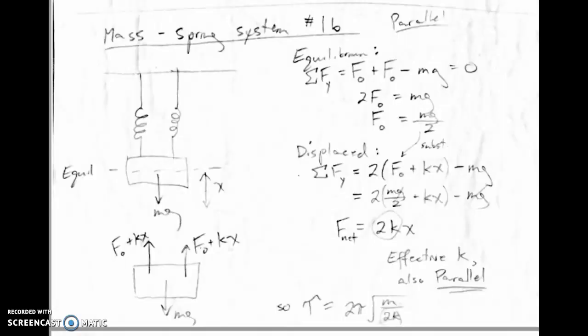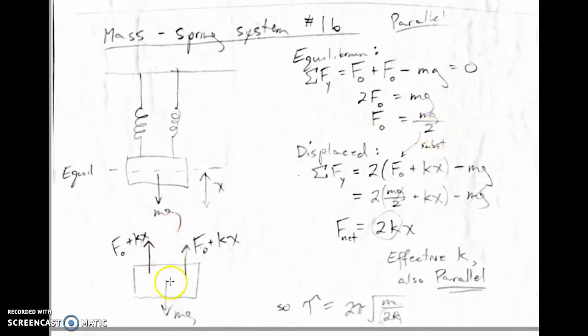Here's system 1B, and you can see that in equilibrium, the 2 kx's are balanced by an mg. So we're going to call it F naught: an initial upward force. There are 2 of them up, 1 mg down, they're balanced. So the initial upward force, F naught, is equal to mg over 2.